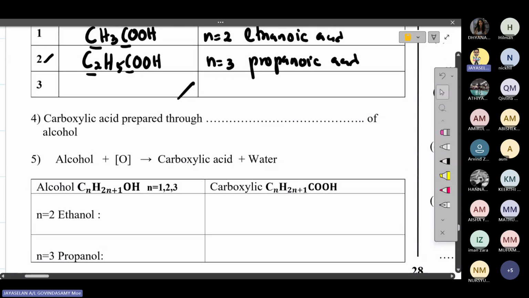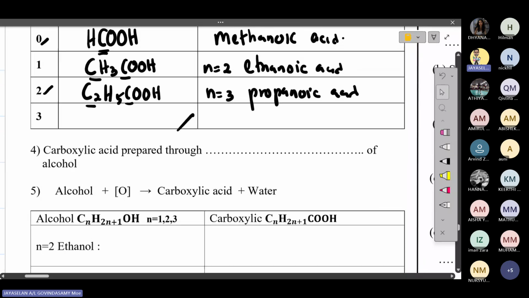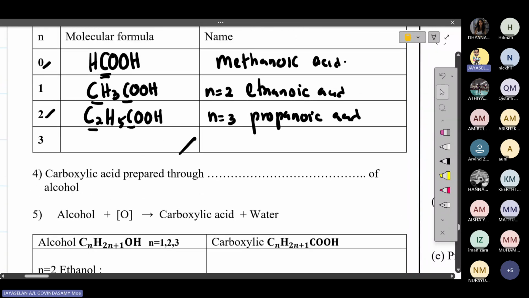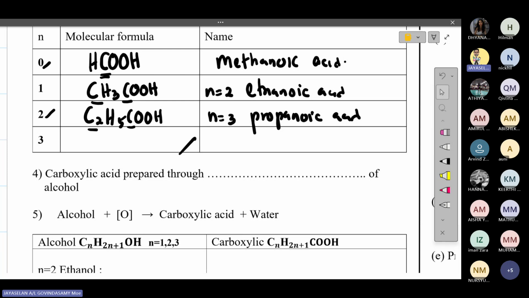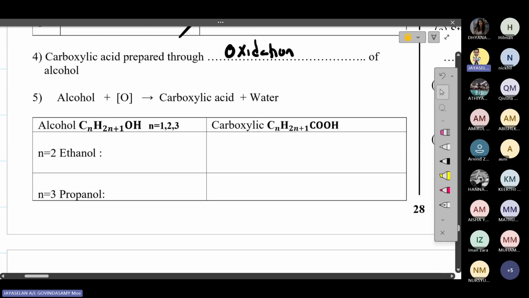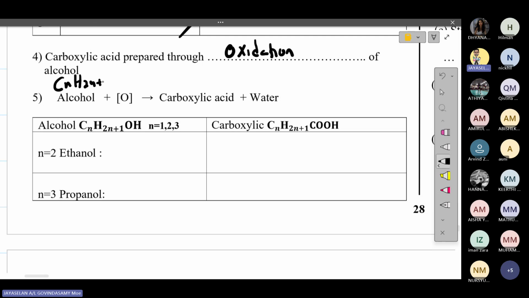Carboxylic acid is prepared through what reaction? Kalau ditanya dalam exam, your answer should be oxidation of alcohol. Remember the general formula of alcohol is CnH2n plus 1 OH. The general formula of carboxylic acid is CnH2n plus 1 COOH. Kalau ini n1, ini adalah n kosong.